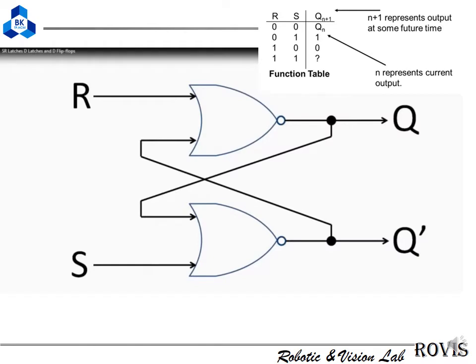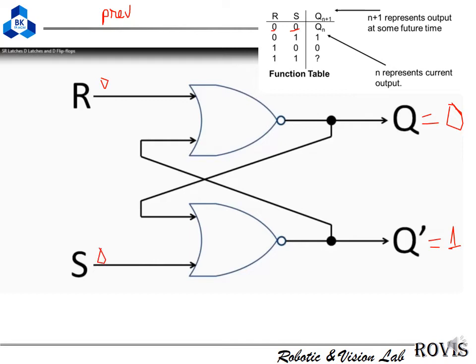Okay, so this is the SR latch, and for example, in the previous state, the Q output is 0 and the other output is 1. So now the current output is 0 and 0. What will happen?